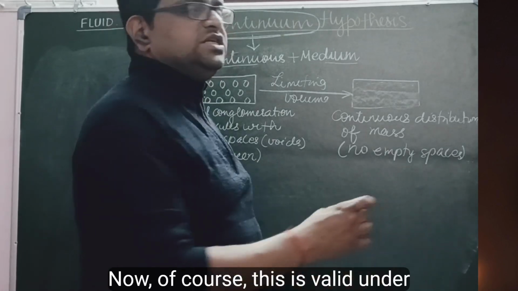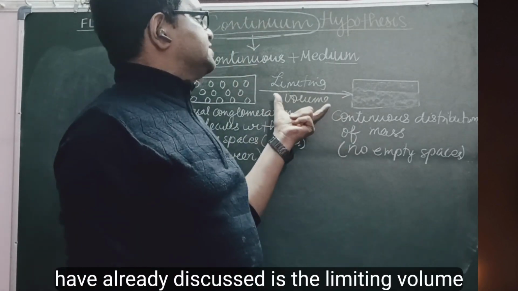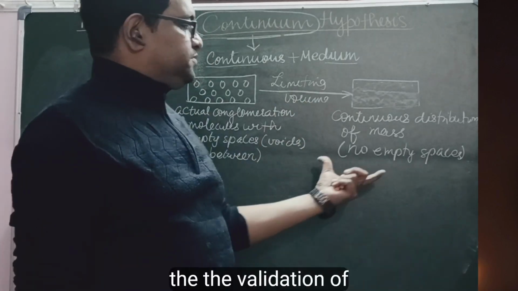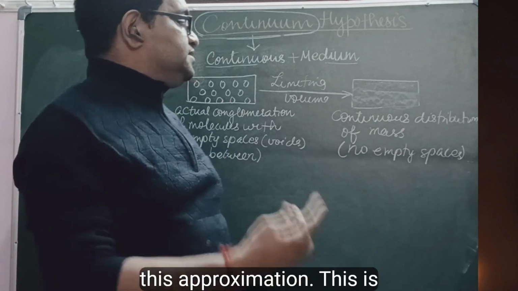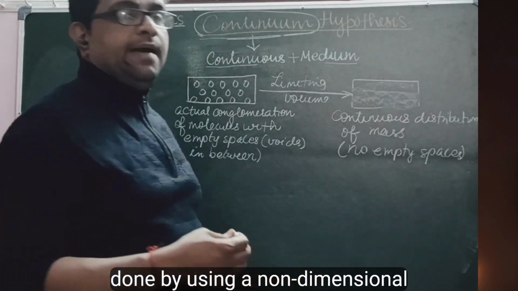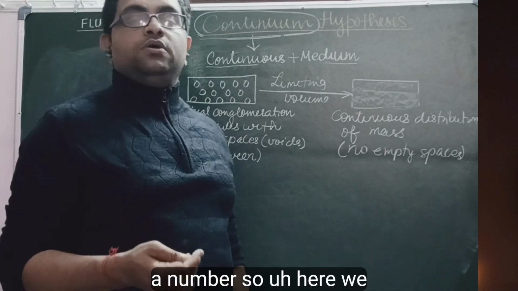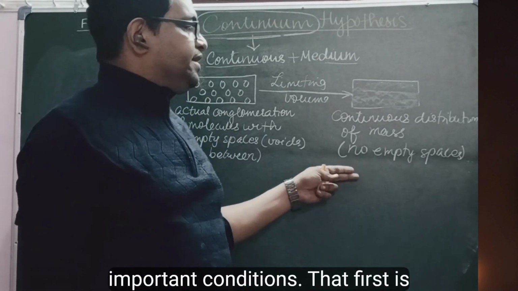Of course, this is valid under certain conditions. The condition which we have already discussed is the limiting volume, and the validation of this approximation is done by using a non-dimensional parameter which is known as the Knudsen number.